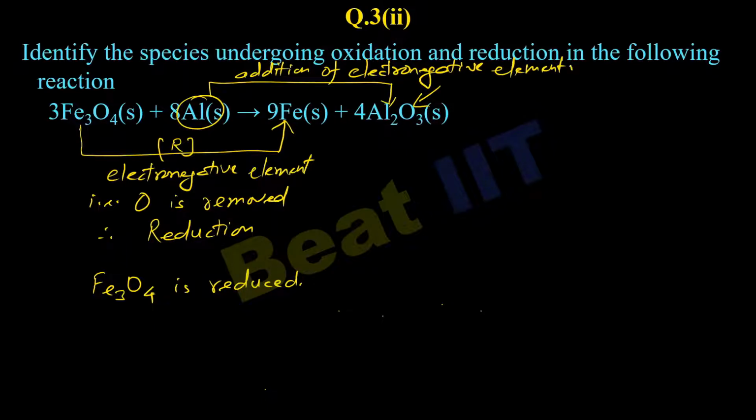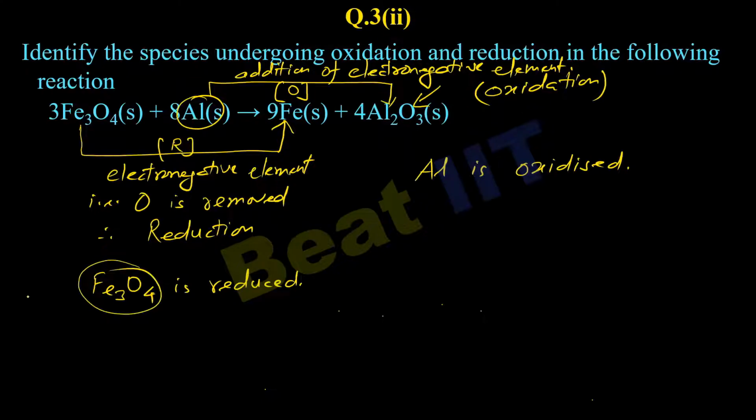Addition of oxygen or any other electronegative element is oxidation. So this part is oxidation. It means aluminium is oxidized. Fe3O4 is reduced, aluminium is oxidized.